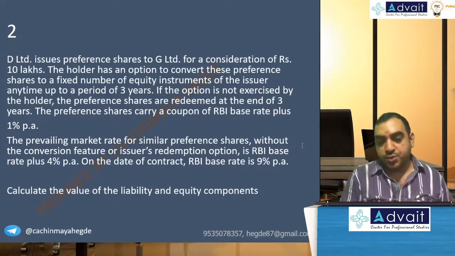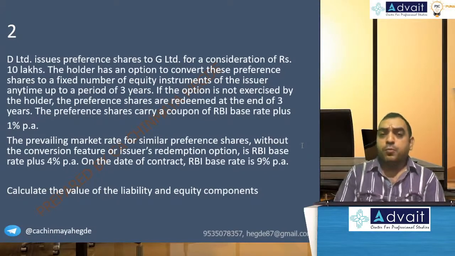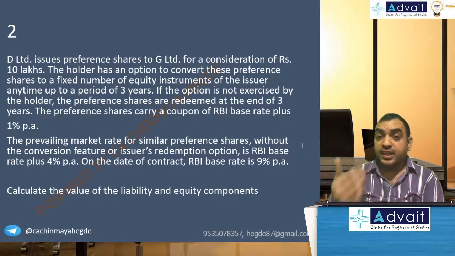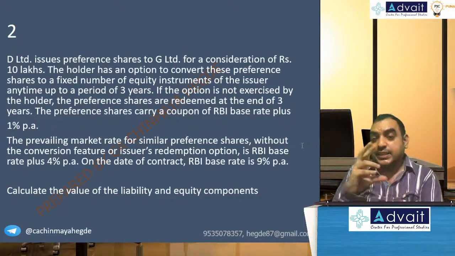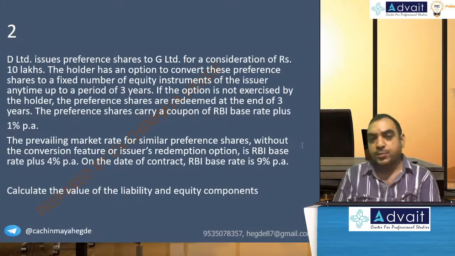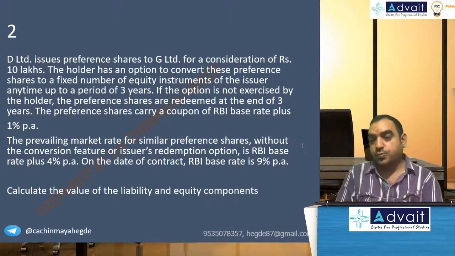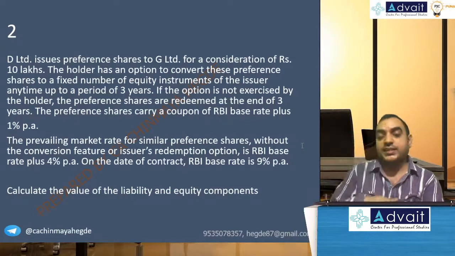Callable and puttable option, how to treat? To see at whose option. Callable bonds means the entity can decide whenever they want, they can call. So till they call, it is debt. Once they make the decision to call, it becomes equity. Puttable means the holder will decide.